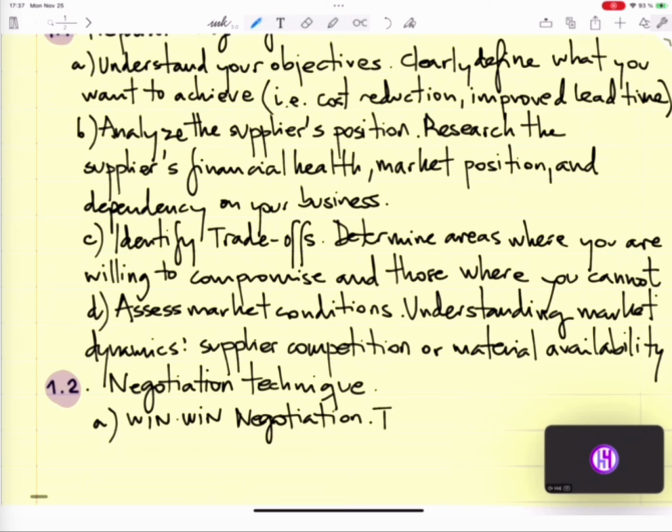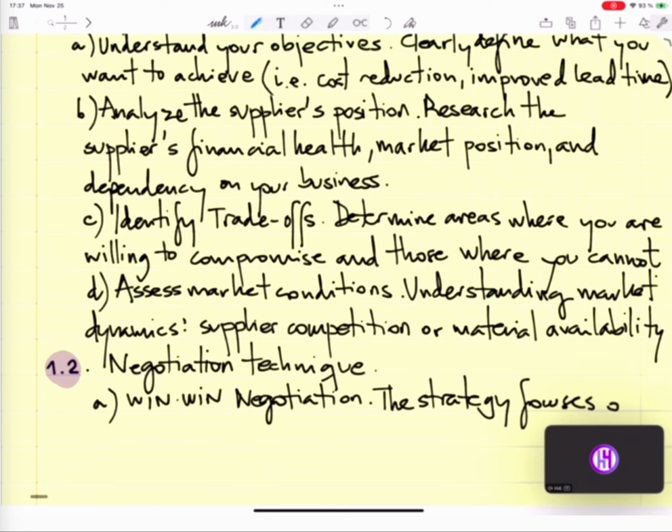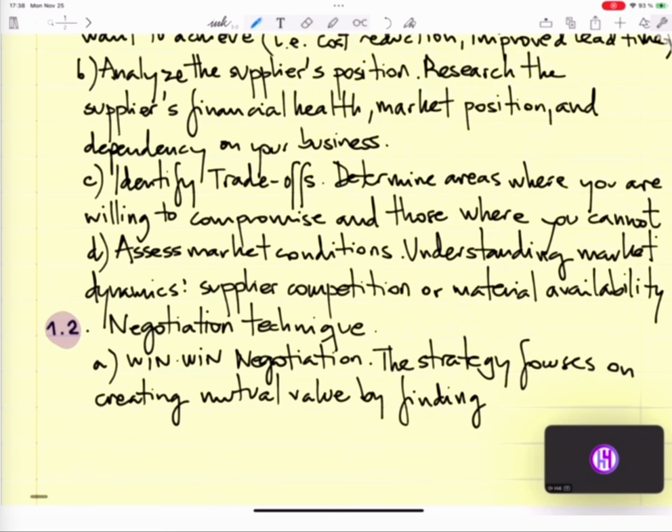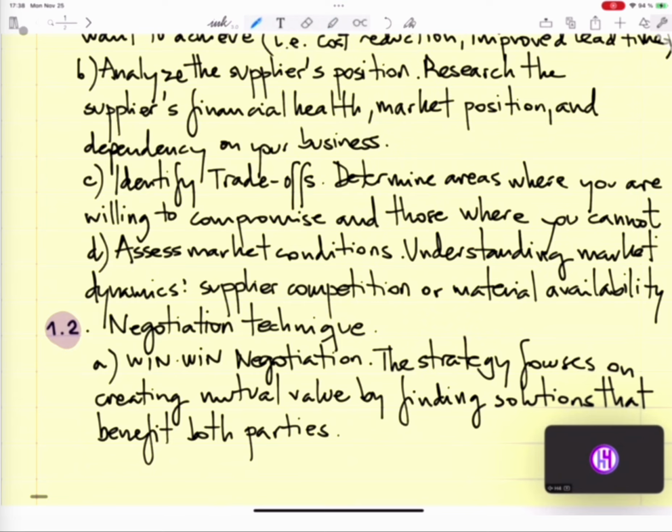This strategy focuses on creating mutual value by finding solutions that benefit both parties.